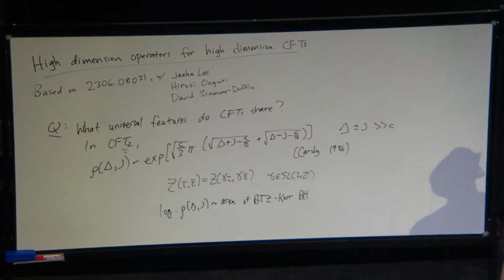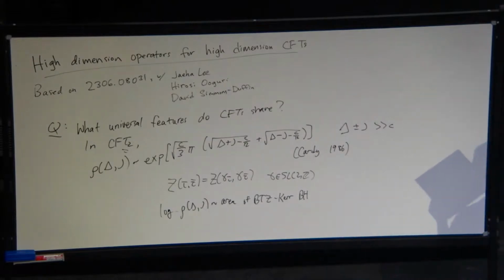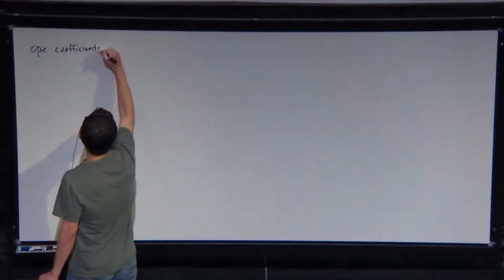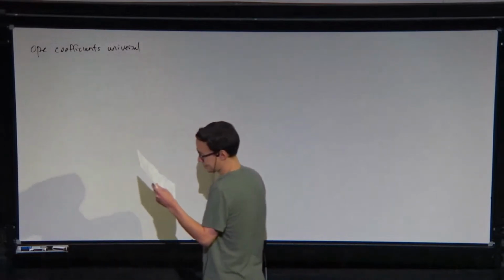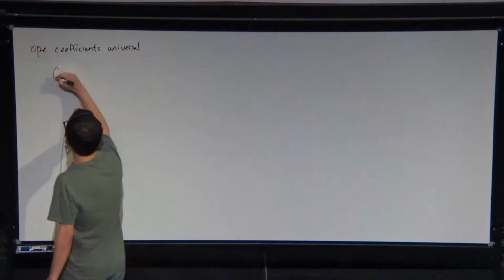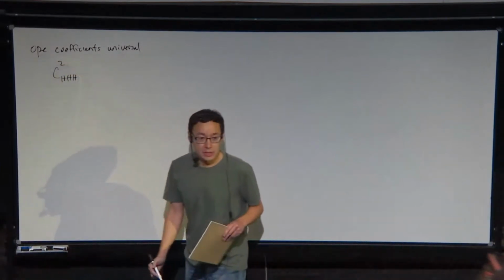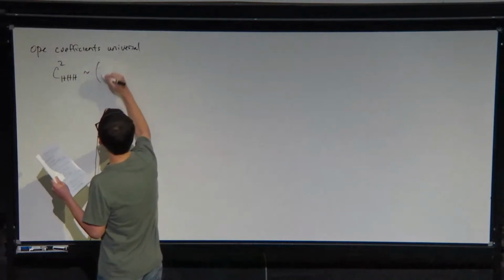Another universal feature that 2D CFTs have, which was actually discovered somewhat more recently, is that their OPE coefficients are also universal. So in particular, the OPE coefficient squared of 3 heavy operators, heavy meaning large compared to the central charge, takes this following universal form.